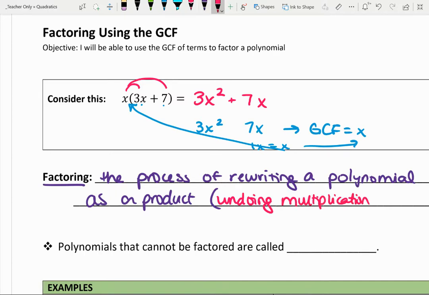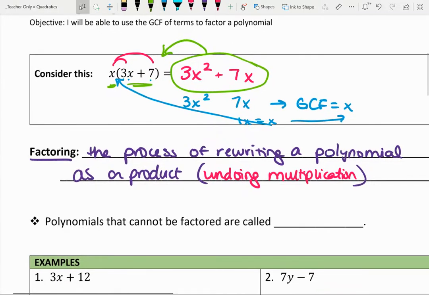So the idea with factoring, and specifically factoring with the greatest common factor, is that we're going in reverse. Instead of starting with the two polynomials that get multiplied together, we're going to be starting with the final version and working backwards. Now, factoring is not quite the same as division.